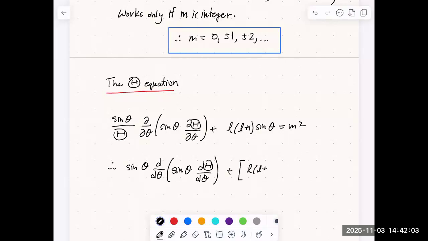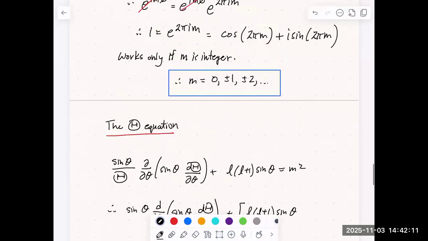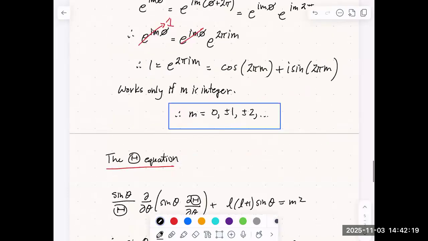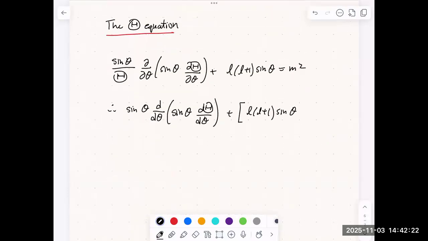We have L plus 1 sine theta. In fact, I think I dropped a square. This is L plus 1 sine squared theta. So this has to be a sine squared theta here, and this is a sine squared theta. All right, then I'm going to subtract off the m squared. And remember, we had to multiply by the big theta.